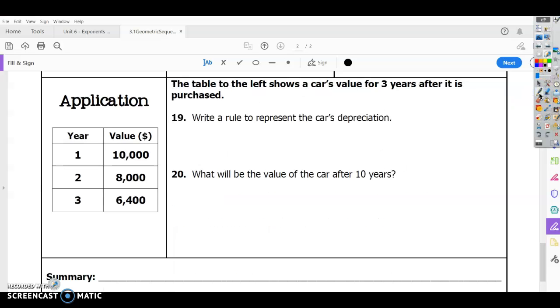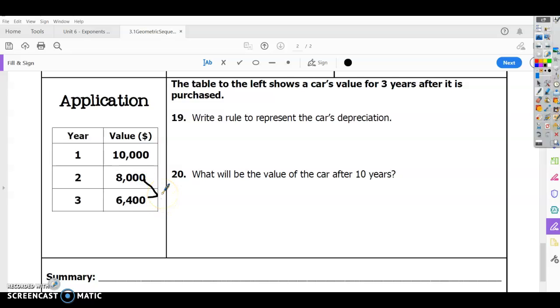Moving on to the last two examples. This is an example of a word problem or an application problem. It says the table to the left shows the car's value for 3 years after it's purchased. Write a rule to represent the car's depreciation. What we need to do is the same thing as before: take this term and divide it by the previous term.